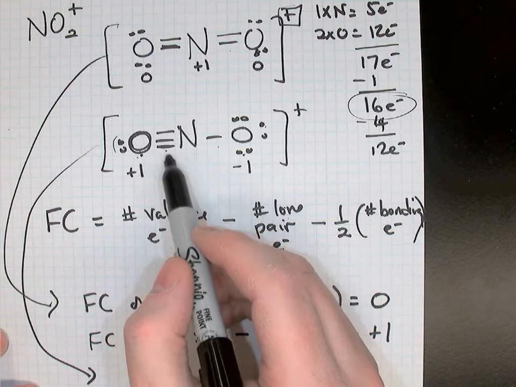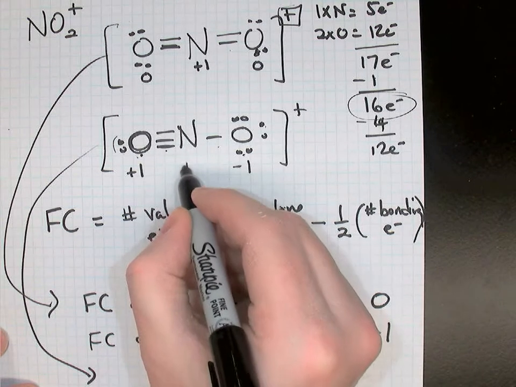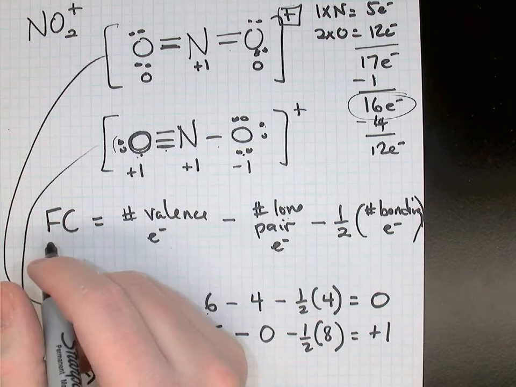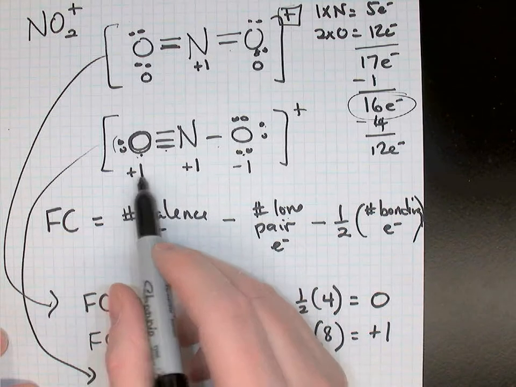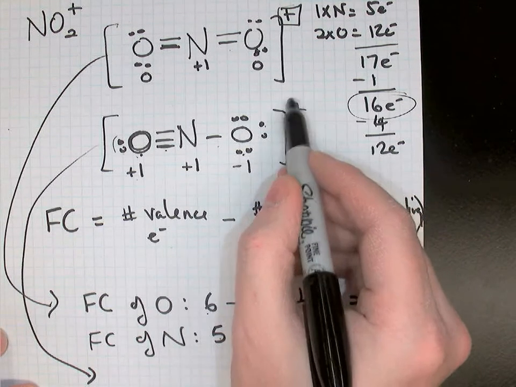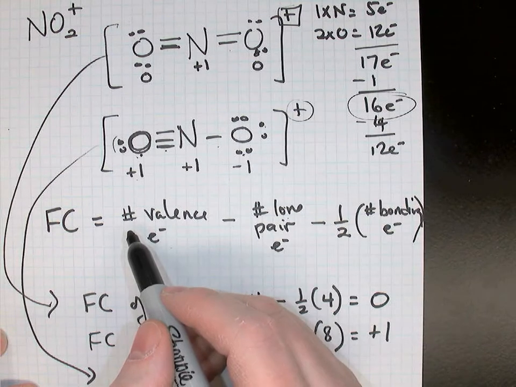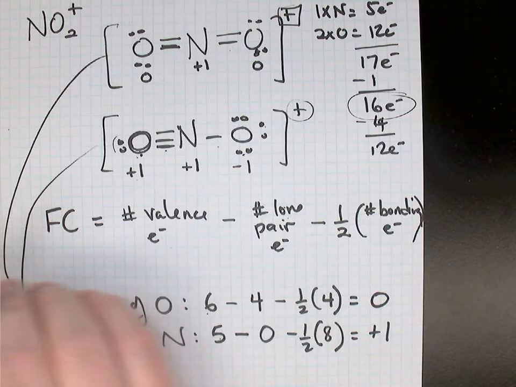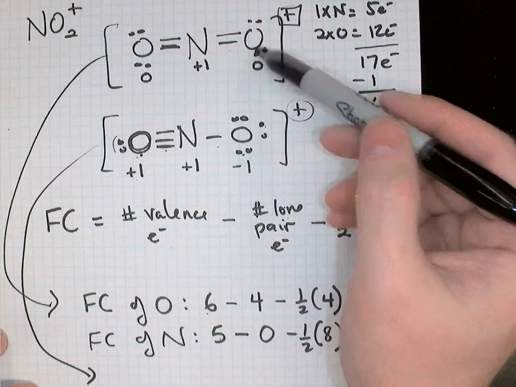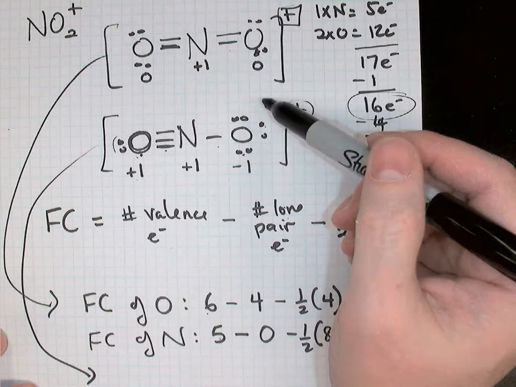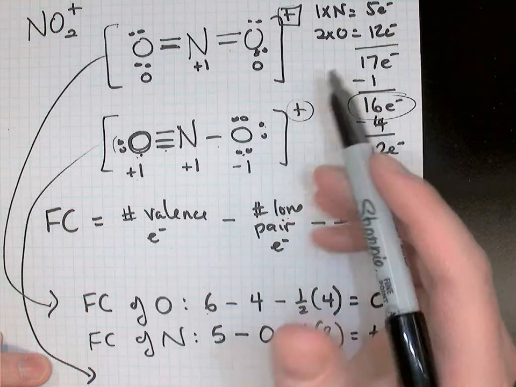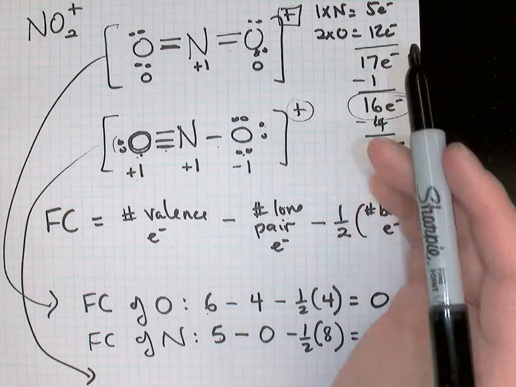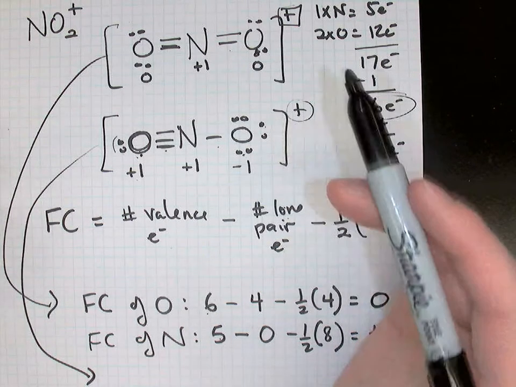So like before, its formal charge is plus 1. When we look at them, we notice that plus 1 and minus 1 still gives us the plus 1 charge that we had outside. So that part still works. The rule with formal charge is this, that the correct Lewis diagram will be the one that reflects the lowest possible formal charges that are closest to 0 on the different atoms.